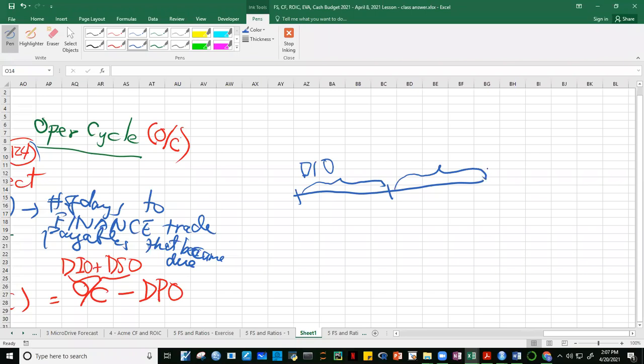Paki-unmute na lang guys para mabilis tayo. Hello? Can anyone just shout out guys, ano yung DIO ng industry? Sir, 60. 60, ito. And then yung DSO? 15, sir. 15. So what will be our operating cycle?